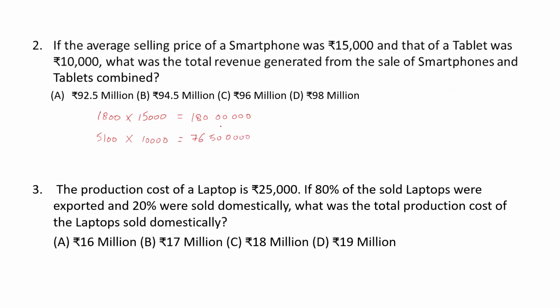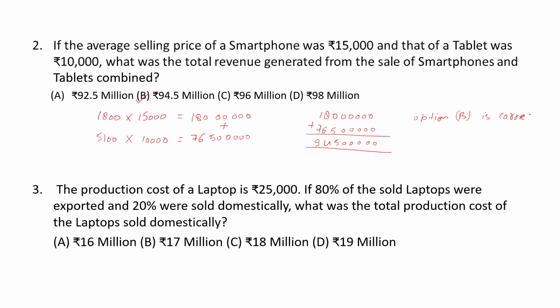Now, total revenue is you have to add them up. If you add these two, you will have 94.5 million. So option B is correct.